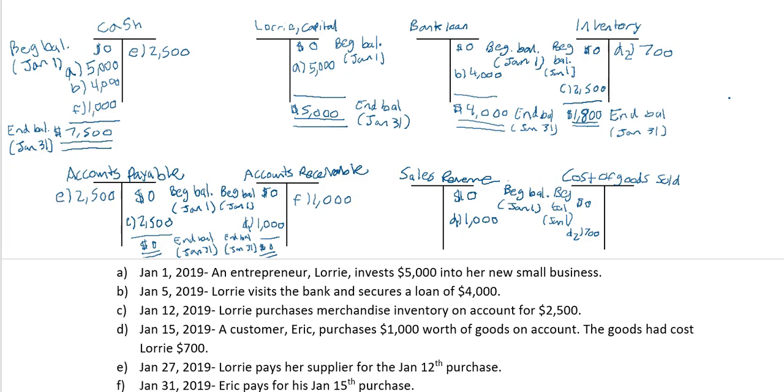Sales revenue, everything is on the credit side, so it's a quick and easy process here. $1,000 ending balance.